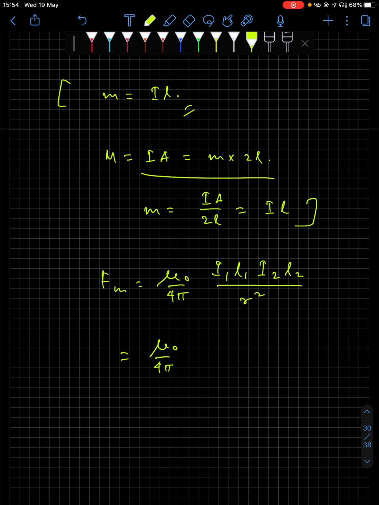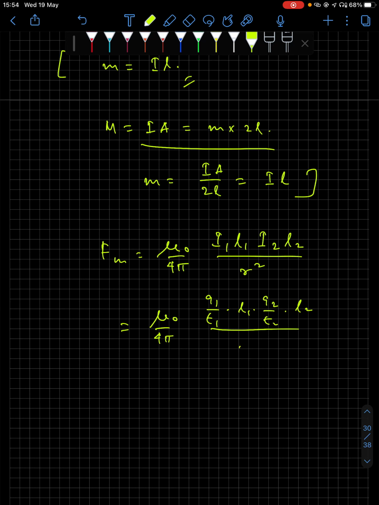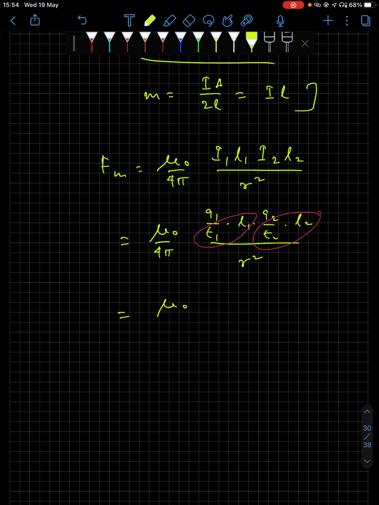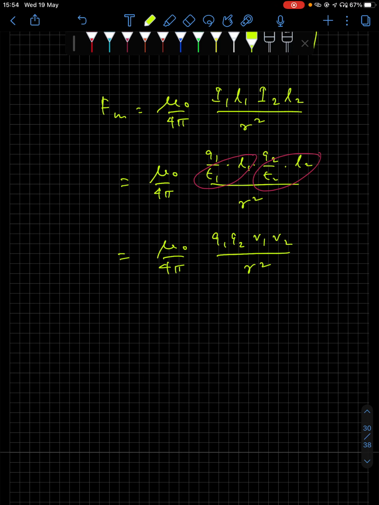Now I1 can be written as Q1 by T1, Q1 by T1 into L1, and Q2 by T2 into L2. Okay, current equal to charge by time, divided by r square. Now this L1 by T1 is V1, L2 by T2 is V2. So this is mu naught by 4 pi Q1 Q2 V1 V2 divided by r square. Okay, so this is the final relation for magnetic force.